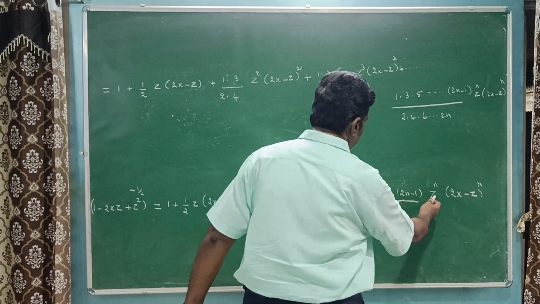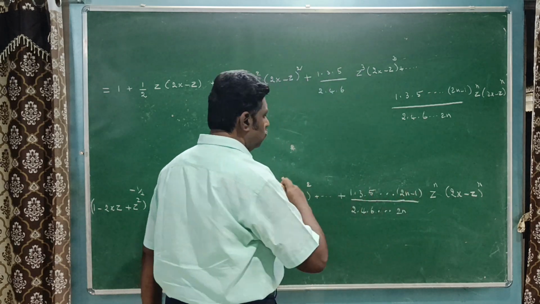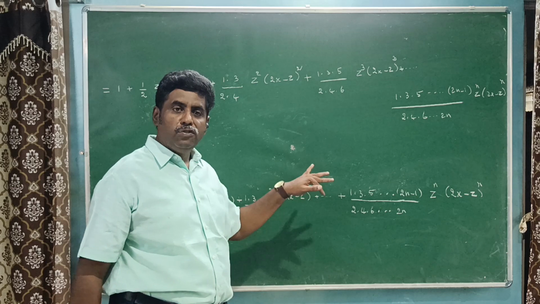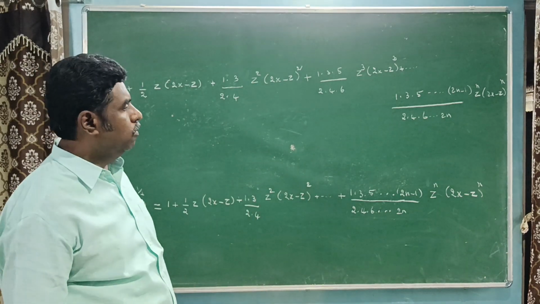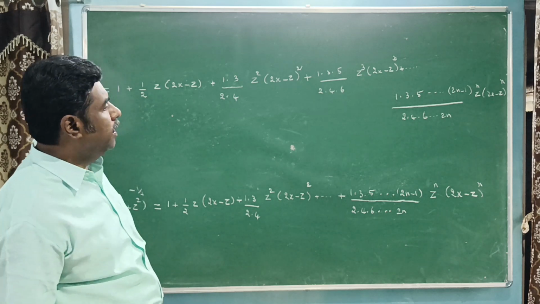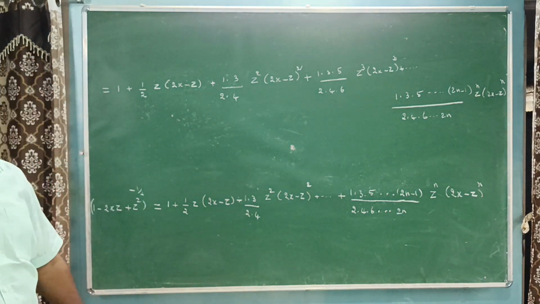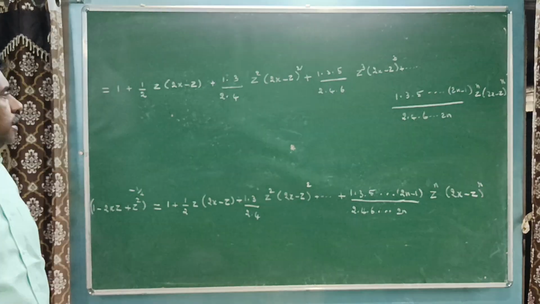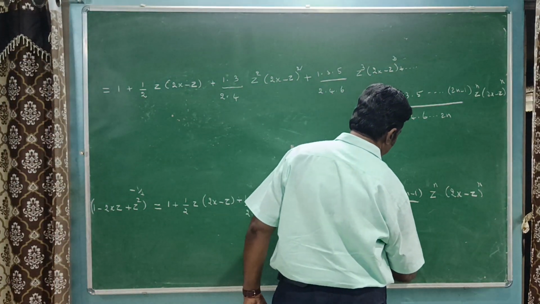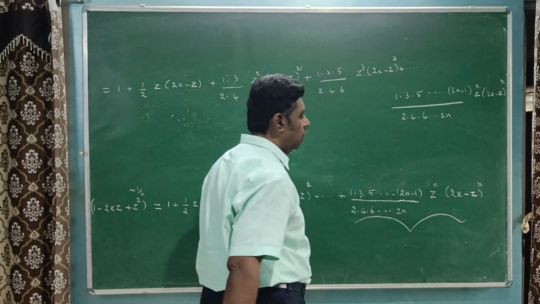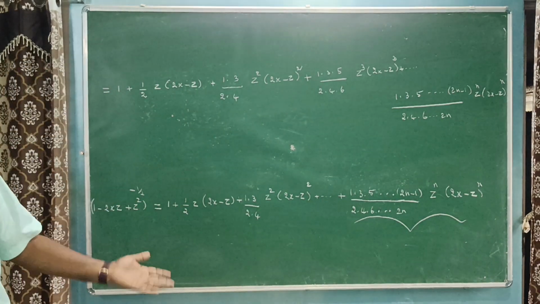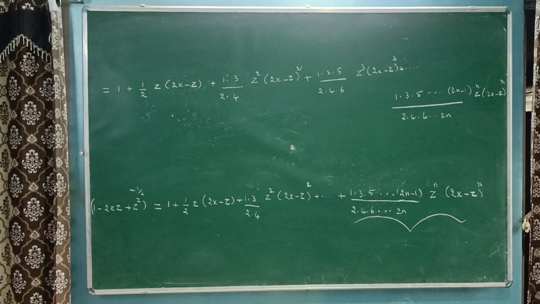Before the nth term, the (n − 1)th term should be present, and before that, the (n − 2)th term. What are the values of the (n − 1)th and (n − 2)th terms? We have to find out. For that, we take our nth term. From the nth term alone, we can get the (n − 1)th term and the (n − 2)th term.